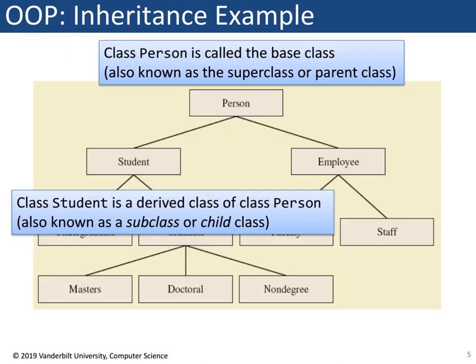And we discussed that person is a superclass for student, or another way to say that, person is a parent to the child class student. So student is going to inherit the data and behaviors of the parent, which is person.